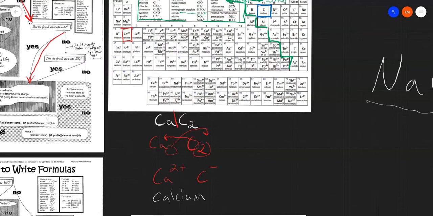Element root IDE is the way that you name an anion. So element root would be carb, and then IDE. So calcium carbide would be the name.